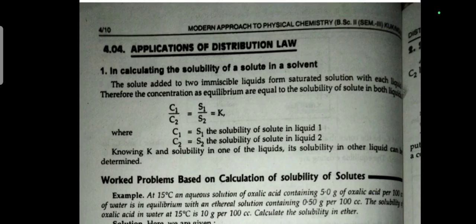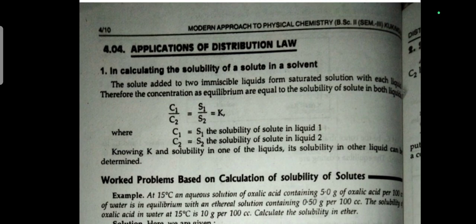Applications of distribution law. First, in calculating the solubility of a solute in a solvent. The solute added to two immiscible liquids forms a saturated solution with each liquid. Therefore, the concentrations at equilibrium are equal to the solubility of the solute in both liquids.